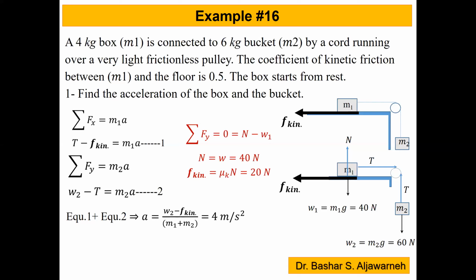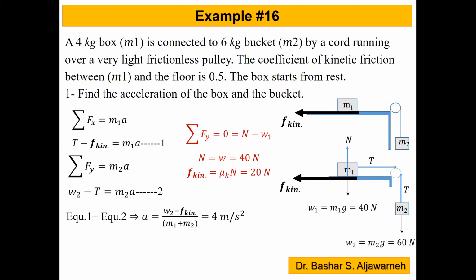The direction of motion here, as I mentioned in the previous lecture, since the weight, you can see it here, is 6 times 10, which is 60 Newton, is all the way to the right. Now the friction force will be opposite to the motion, and it will be to the left. Okay, now I have two systems. The first one for M2, the second one for M1.